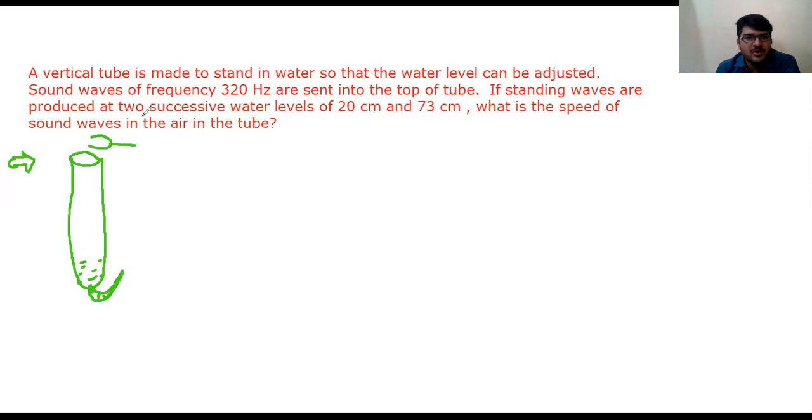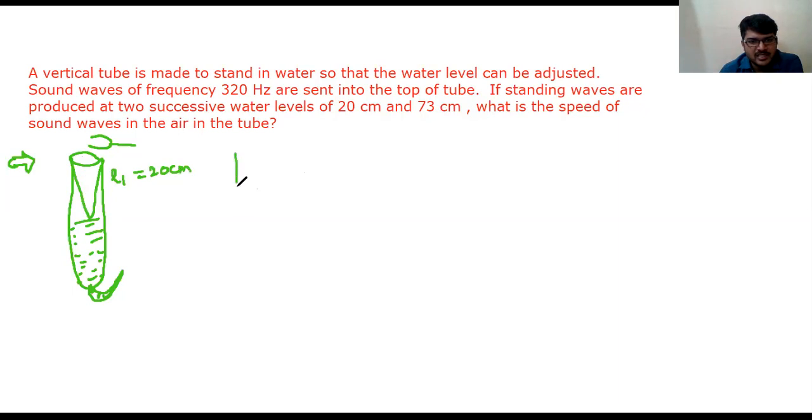If standing waves are produced at two successive water levels, 20 centimeter and 73 centimeter, it means what? If suppose water level is here, yesterday I showed you with diagram. So this is your first resonating length. This is called L1, and this is given as 20 centimeter.